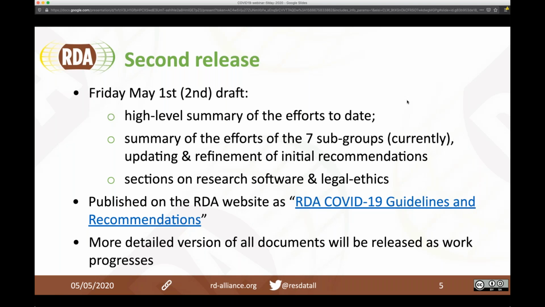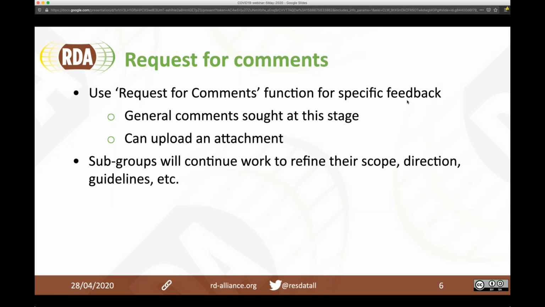The second release is, of course, published on the RDA website and is available through the RFC process. The request for comments, as you can appreciate at this stage, we're looking for general comments. You know, what's on target with the guidelines, what are gaps, any specific comments related to any of the individual sections.